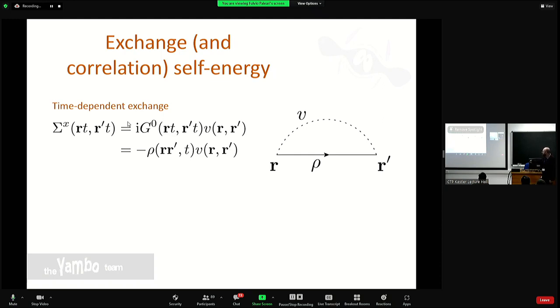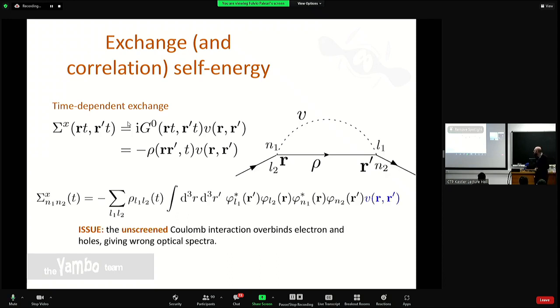So here I wrote rho to maintain consistency. We can also call it the Green's function at equal times of the system. And this is still the Coulomb interaction. Now here we have a problem in our treatment, because if we just keep going, so we do exactly as we did for the Hartree term, so we rewrite these in the single particle basis.